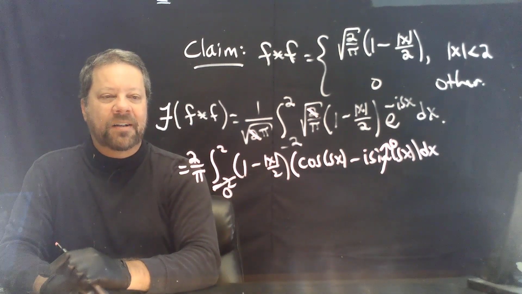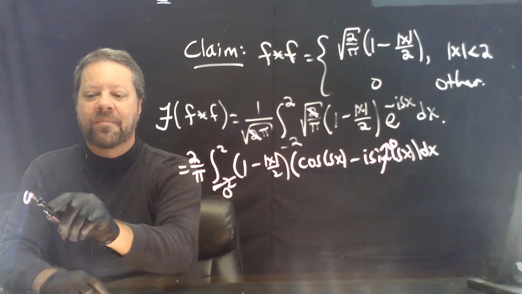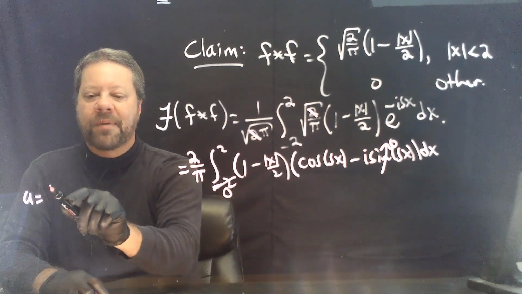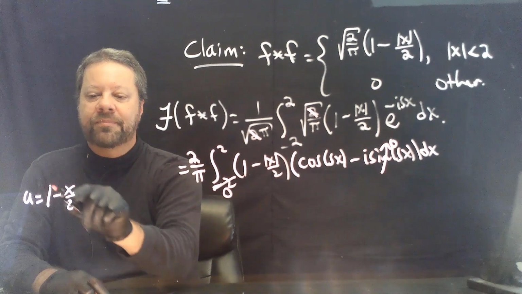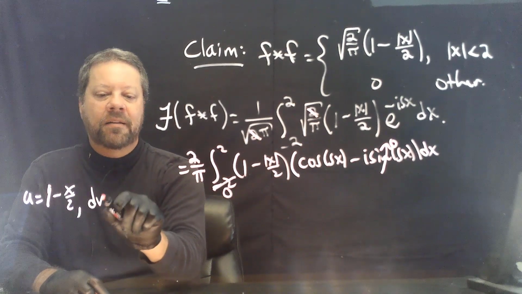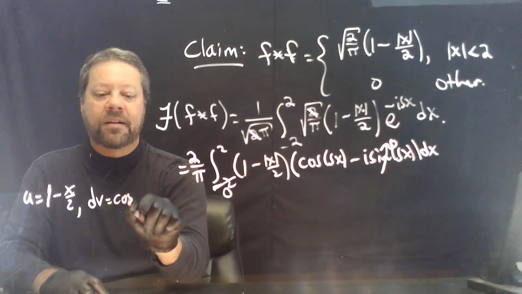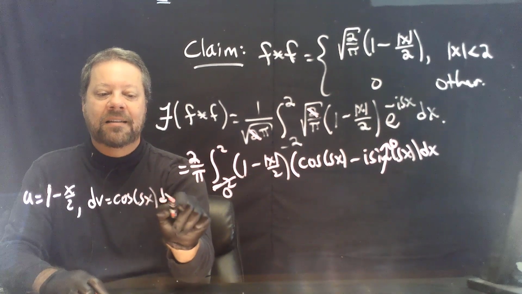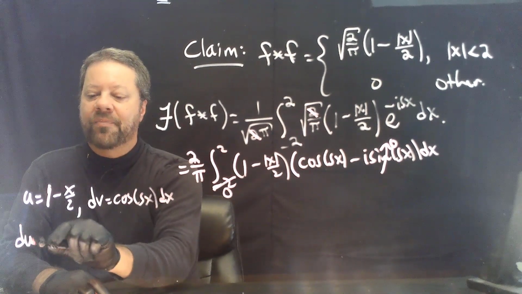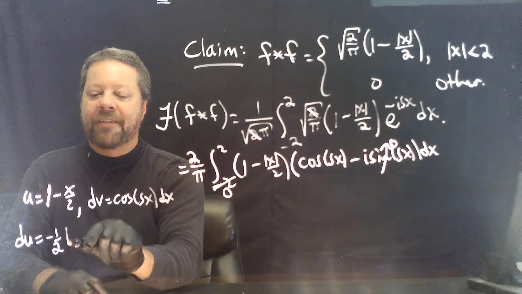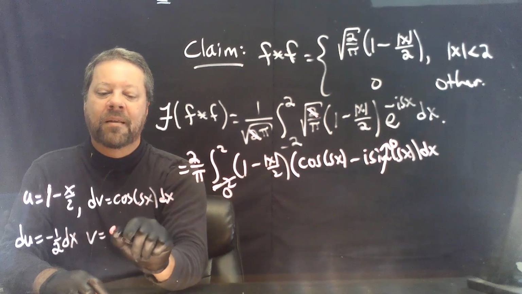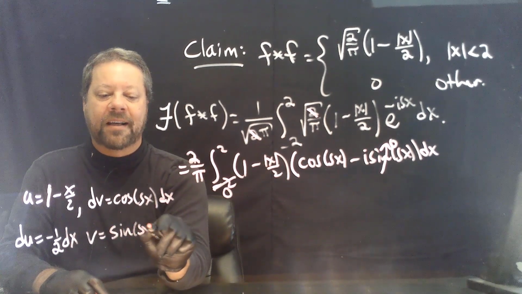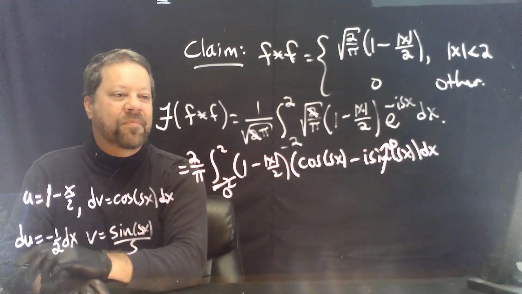At this point, we use integration by parts. u is going to be 1 minus x over 2. dv is cosine of sx dx, so that du is negative 1/2 dx, and v is the sine of sx divided by s.